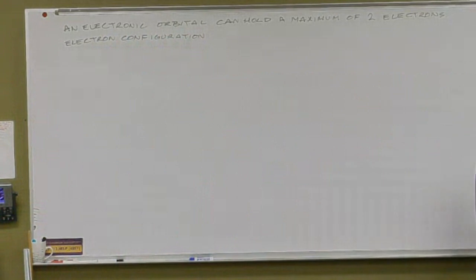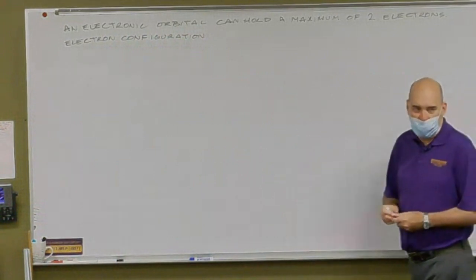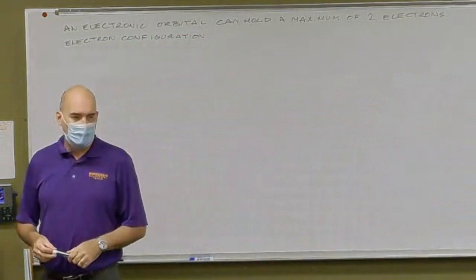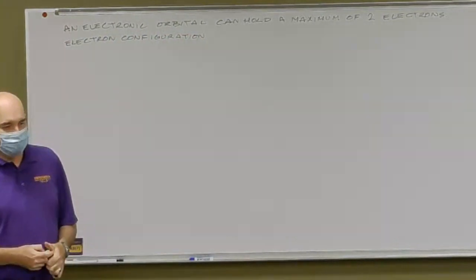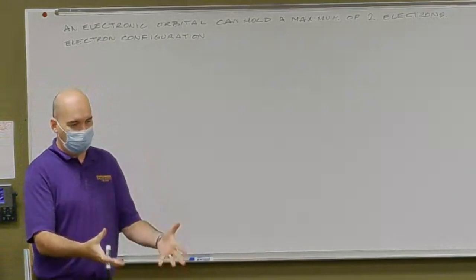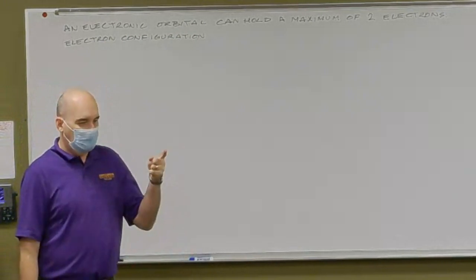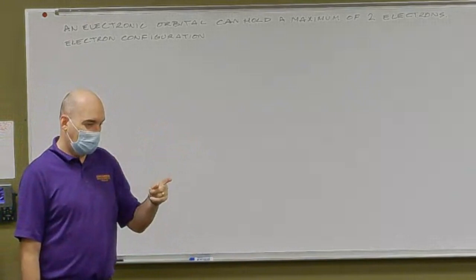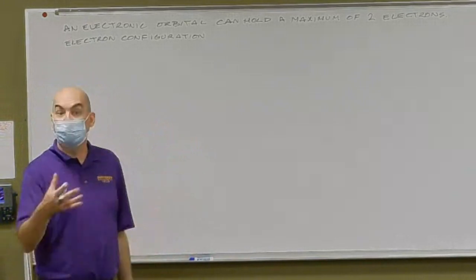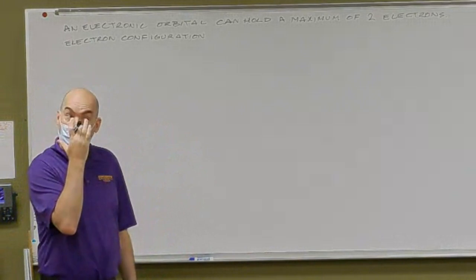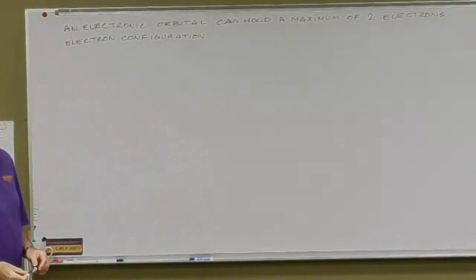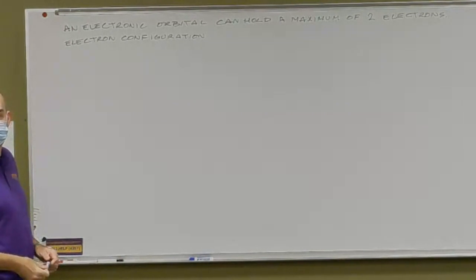Configuration in chemistry is just an accounting, a tallying up of what have you got. So in some branches of chemistry, configuration is you're going to look at the structure of the chemical and say, this carbon is attached to that hydrogen and that chlorine and this oxygen. It's just a counting up of what have you got. Electron configuration is we're just going to count the electrons and tell you where they are. That's it.